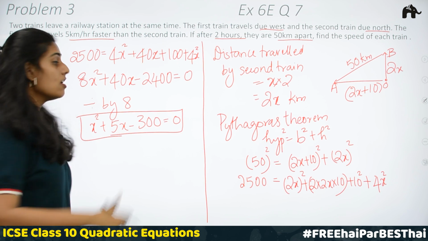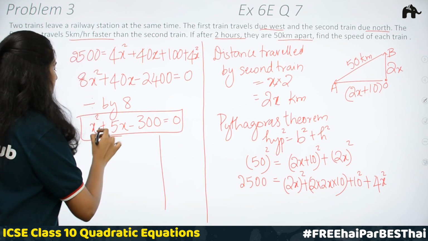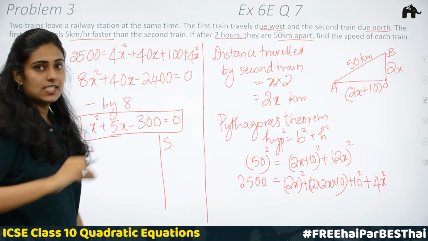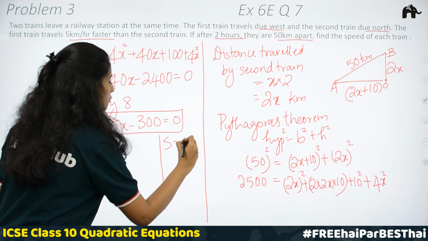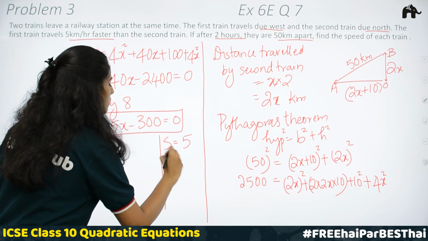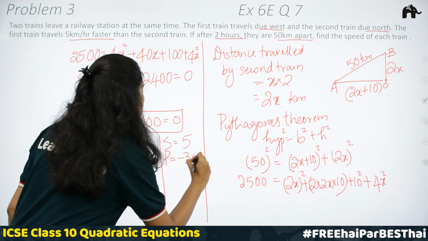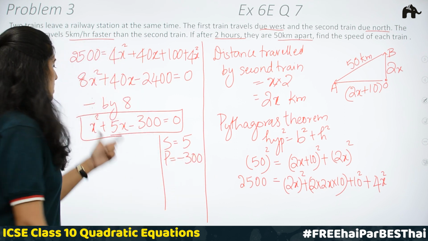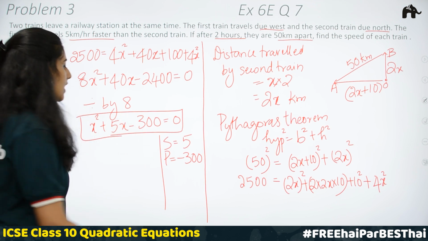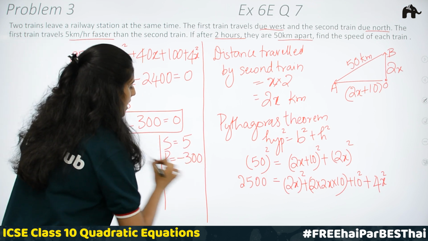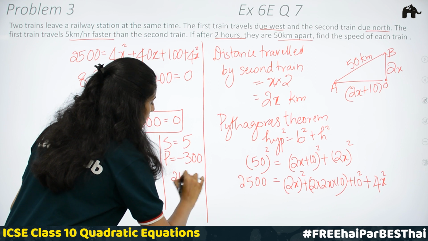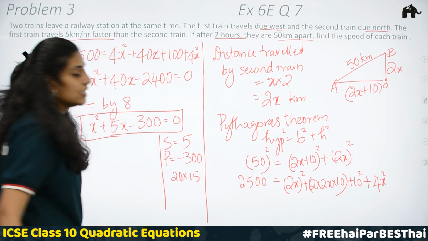Now we just need to solve this. The sum of the two numbers we are choosing should be equal to 5, and the product of the two numbers we are choosing should be equal to minus 300. We are using the splitting middle term method. Here, to get 300, 20 into 15 is 300.